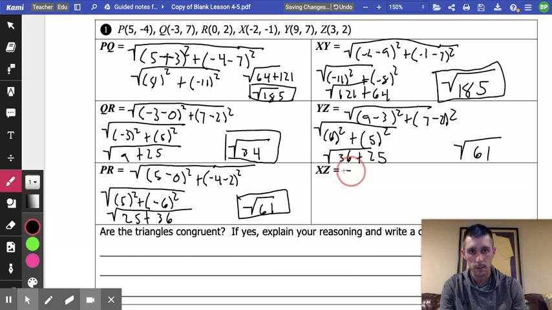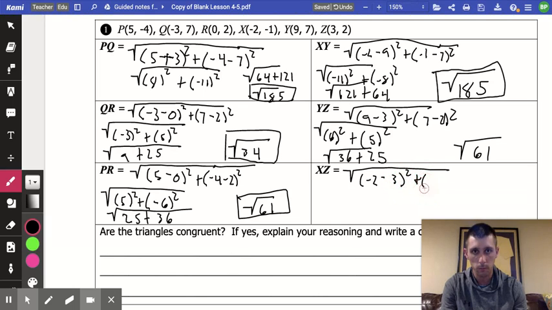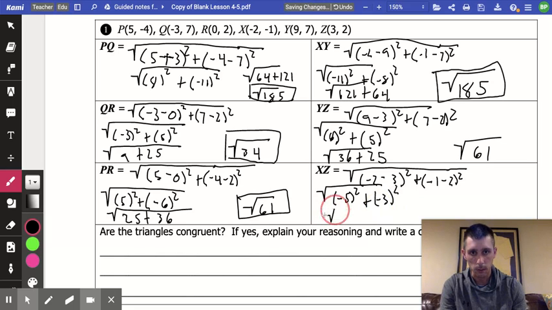And now for XZ, square root, x is negative 2 minus 3 squared, plus negative 1 minus 2 squared. So negative 2 minus 3 is negative 5. Negative 5 squared, plus negative 3 squared. Negative 5 squared is 25, plus negative 3 squared, which is 9, comes out to square root of 34.